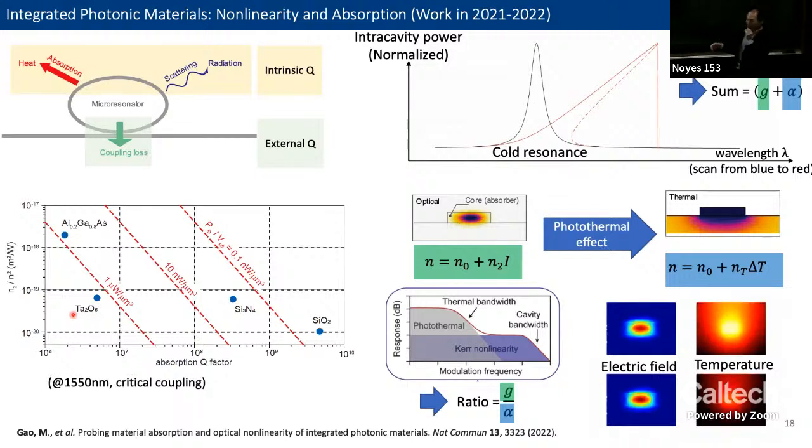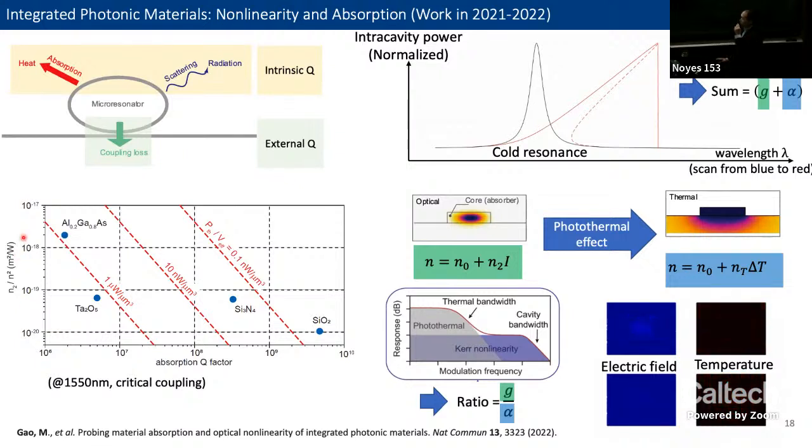In this paper, we reported the characterized absorption Q factor and the nonlinearity factor of 4 materials together. If you plot the result for these 4 materials in this figure, you can see they follow a trend.